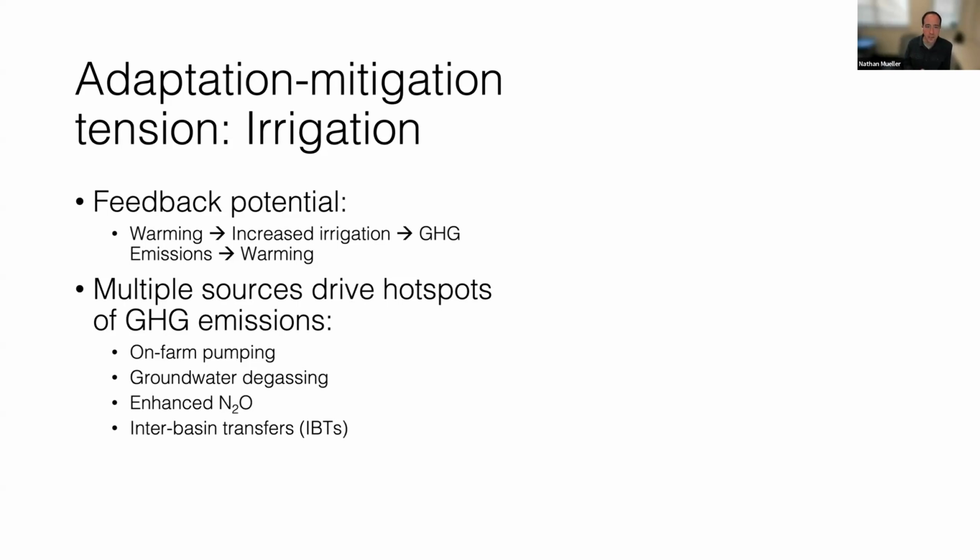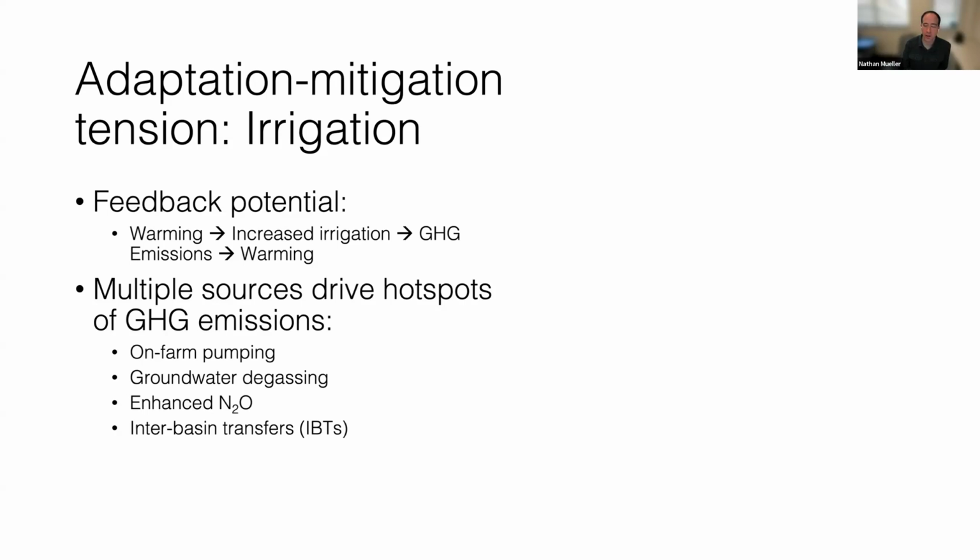Those greenhouse gas emissions from irrigation have been underappreciated, and part of the reason is that they originate from a lot of different mechanisms, so we haven't really put all those pieces together before. One source is emissions from on-farm pumping, that energy use.